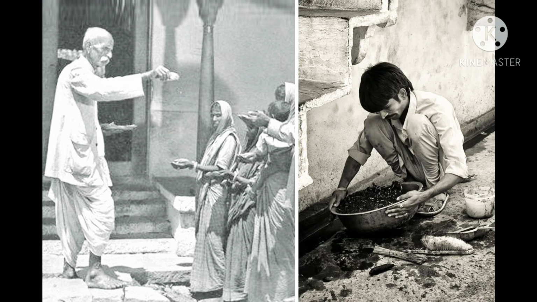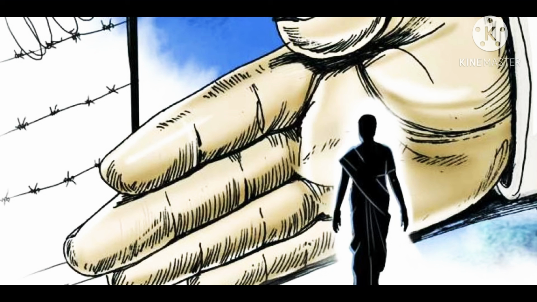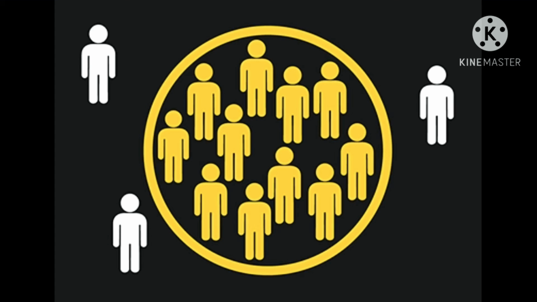The untouchables were not at all allowed to go to temples, to sit with the general caste, and even to go to an educational institute on their own. This discrimination made them untouchable, and just because of that they wanted their identity to be brought back.